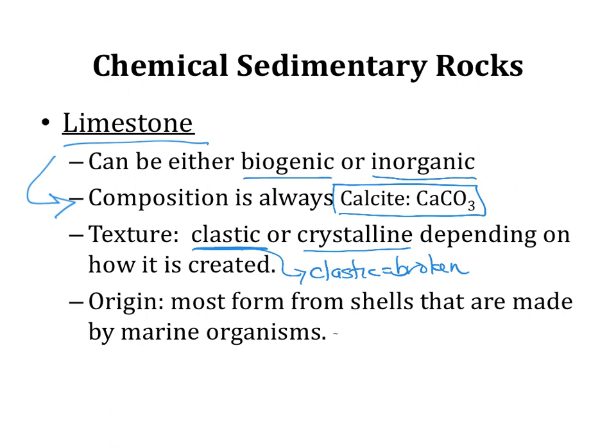If you have a rock that's crystalline because minerals just precipitated crystals out of water, then that's crystalline. So again, limestone can be either. Biogenic rocks are more often clastic, right? Whereas inorganic rocks are more often crystalline. Most of the limestone that we see is actually made from shells that are made by marine organisms. So most of them are biogenic.